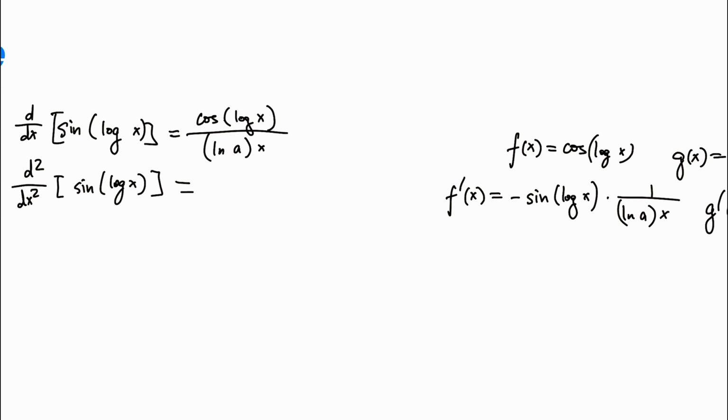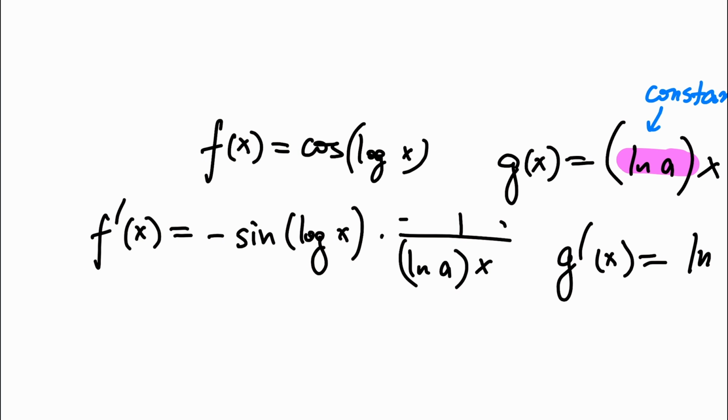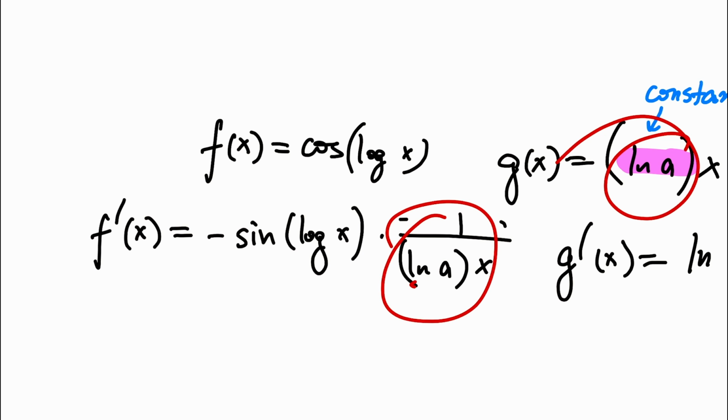This over here, we can cross multiply. This times this. Notice that this part and this part cancel out.